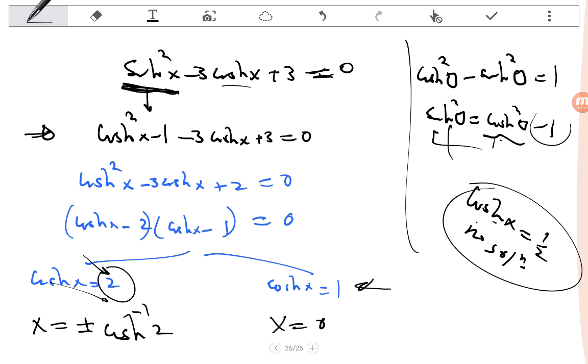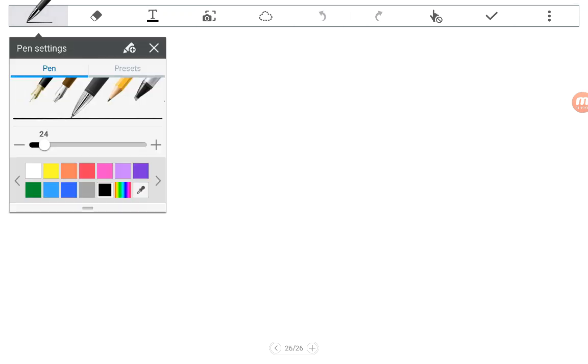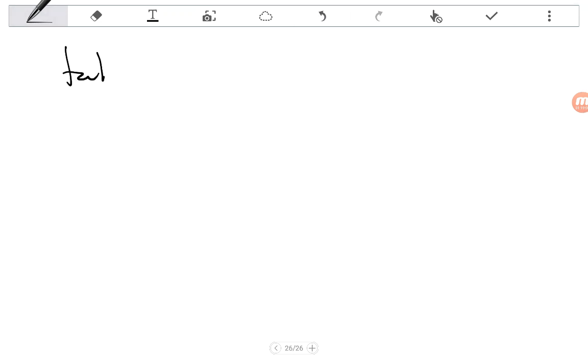Now, what if I have this case, if I have 6 sine x minus 4 cosine x equal to 4. Now in this case, I could not write it in terms of one hyperbolic function.